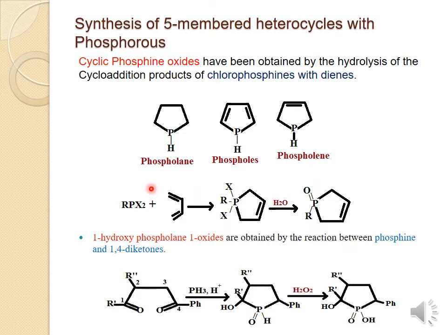In the first preparation, the cyclic phosphine oxides will be prepared on treatment of conjugated dienes with chlorophosphines. When you treat the halide phosphines with the conjugated dienes, it undergoes cycloaddition.